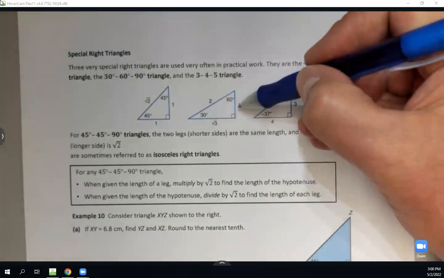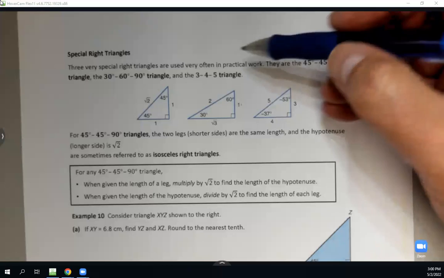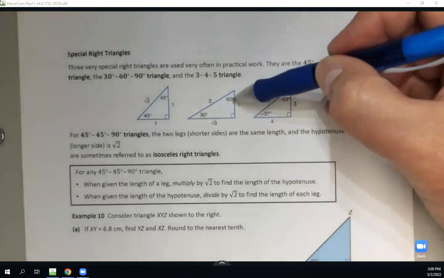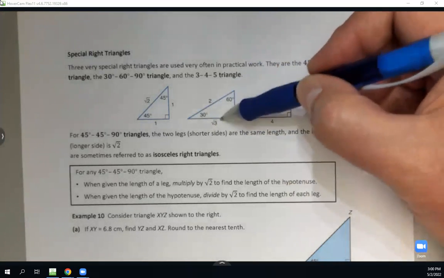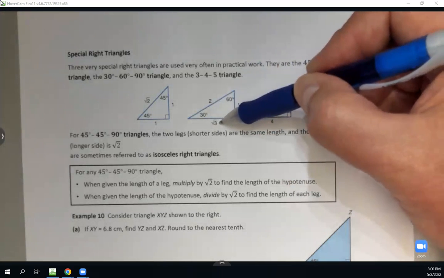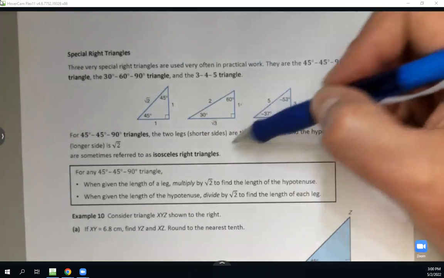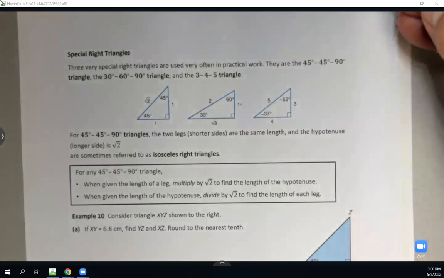Okay, so like if this is 5, the hypotenuse would be 10. Okay, the side here opposite of the 60-degree angle will be this times the square root of 3. Okay, so it's always going to be in that ratio.